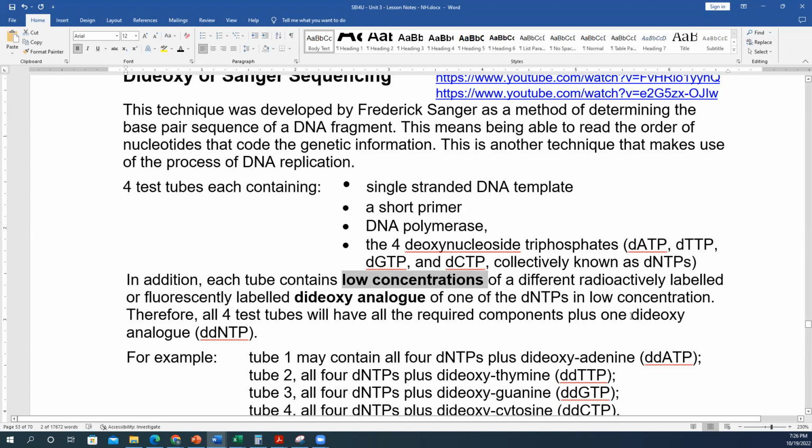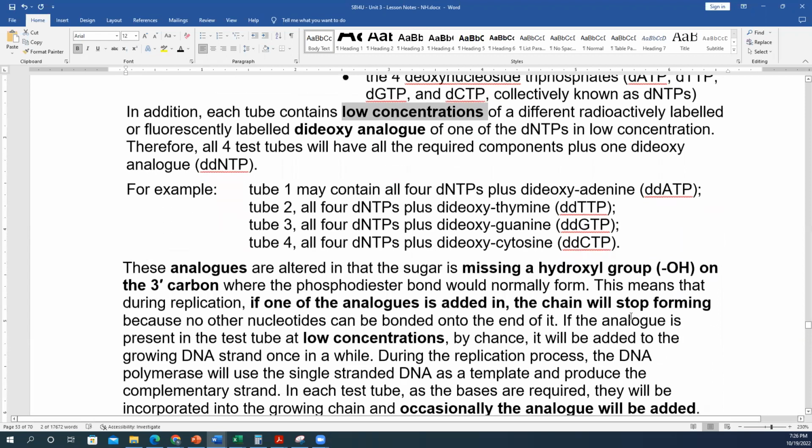And I'll explain in a moment why it's important that it be present in low concentrations. So now you have all 4 test tubes that have everything that is required for DNA replication, plus one of these dideoxy analogs.